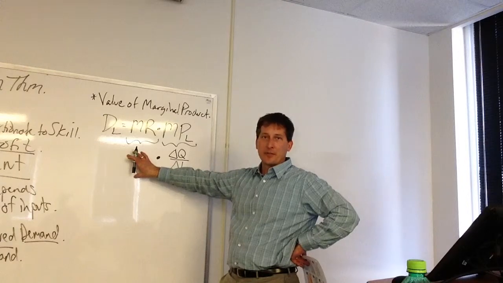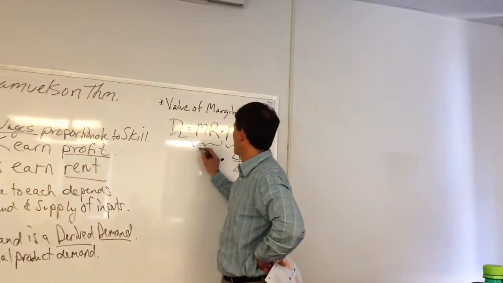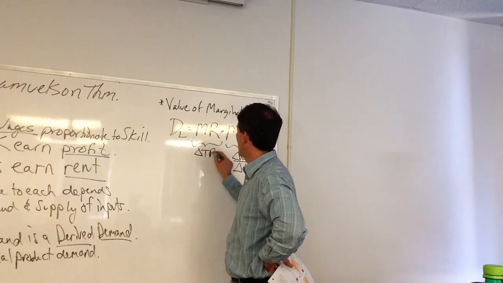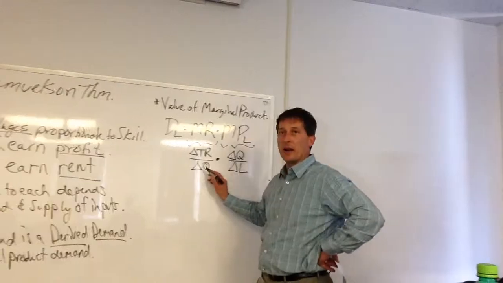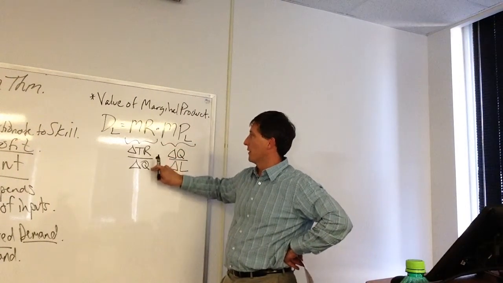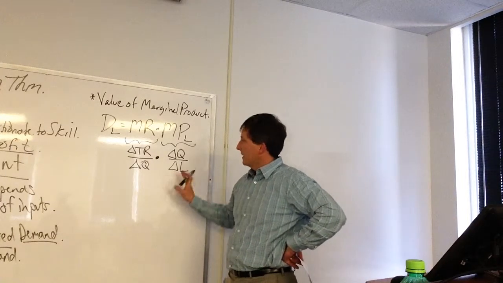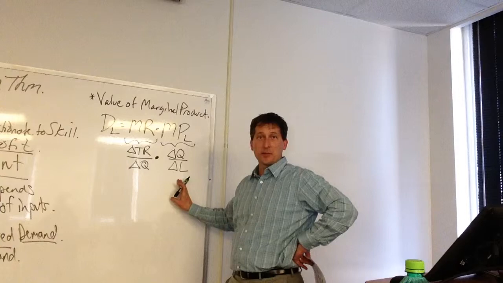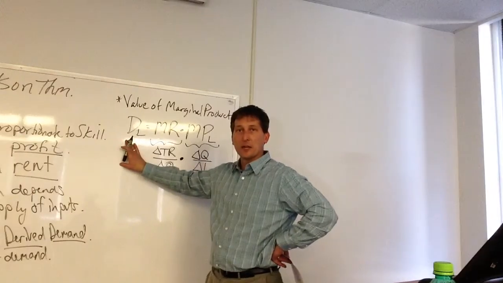That only helps me if I can sell that product. So the marginal revenue is the change in total revenue from the change in extra product. Right? So marginal revenue is the change in total revenue from the change in quantity. These two components together tell me what I'm willing to pay somebody, the demand for labor.